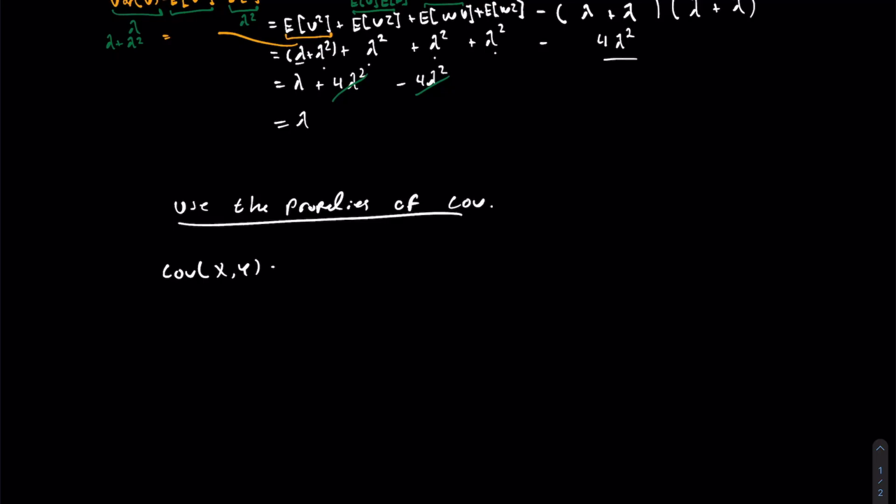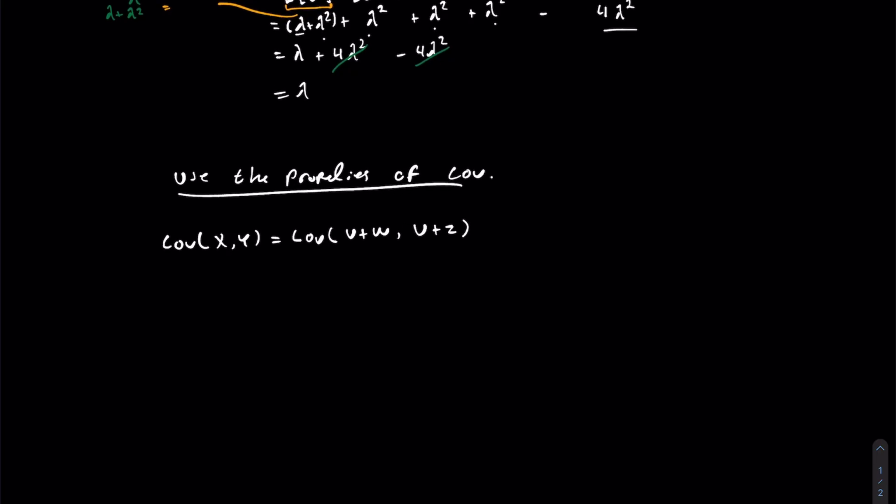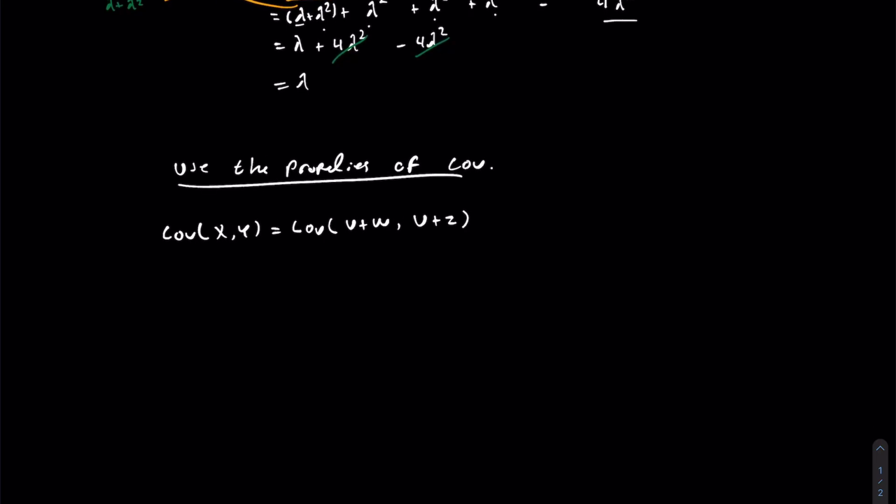And by the definition, x is v plus w, and then we define y to be v plus z. Here we can use it almost like a cross multiplication, where we can write the covariance of v, covariance of z, covariance of w and z.